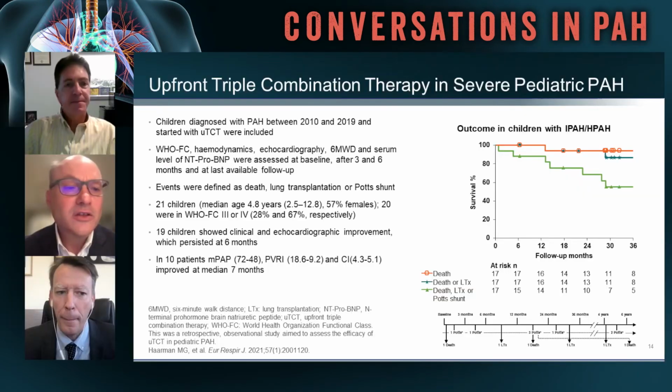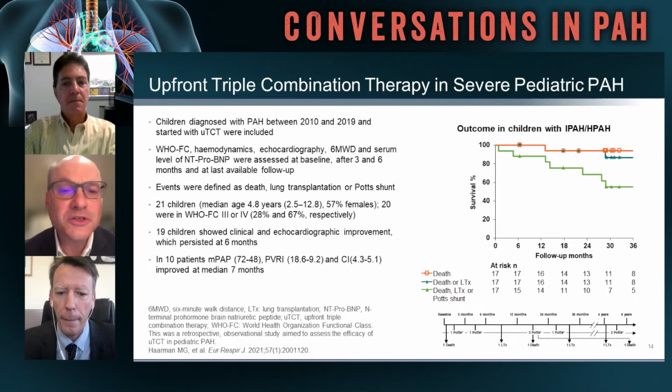And similarly, what does the recently published upfront triple combination study show about initial treatment strategies in children with severe PAH? So there is a recent study that was published by Professor Berger at the Dutch National Center and Professor Bonnet.